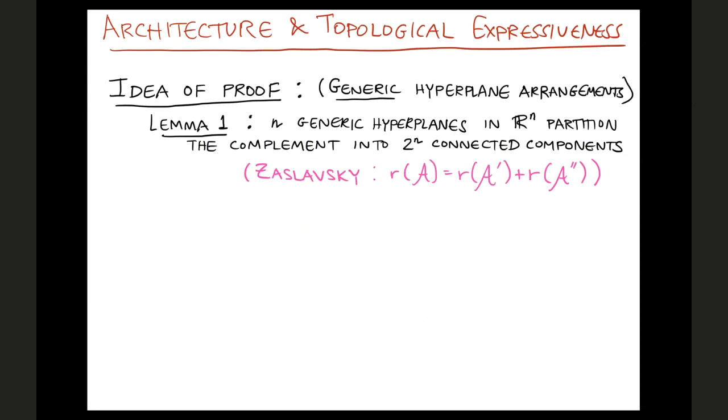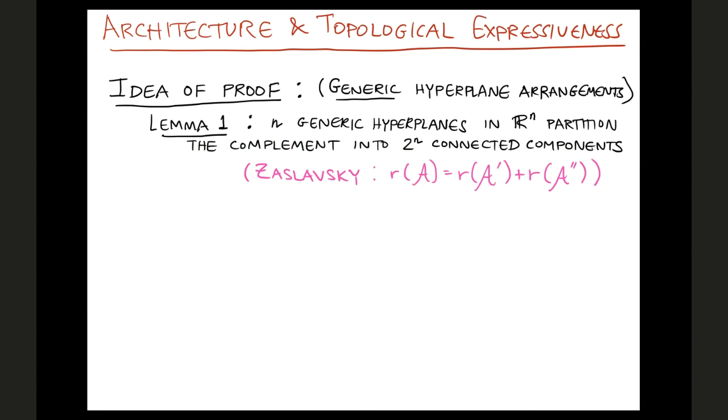So if you have an n-dimensional space and m hyperplanes, you want every k of them to intersect in something of codimension k. Okay, so the first lemma, which follows inductively from some classical work of Zaslavsky, is that n generic hyperplanes in R^n partition the complement into 2^n connected components.